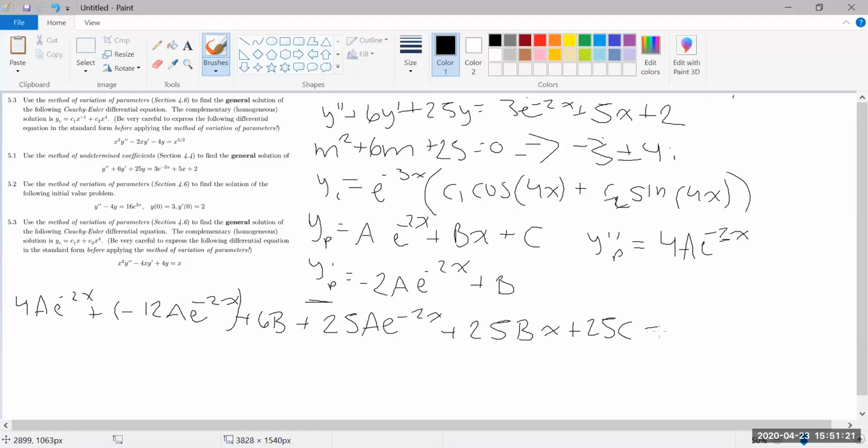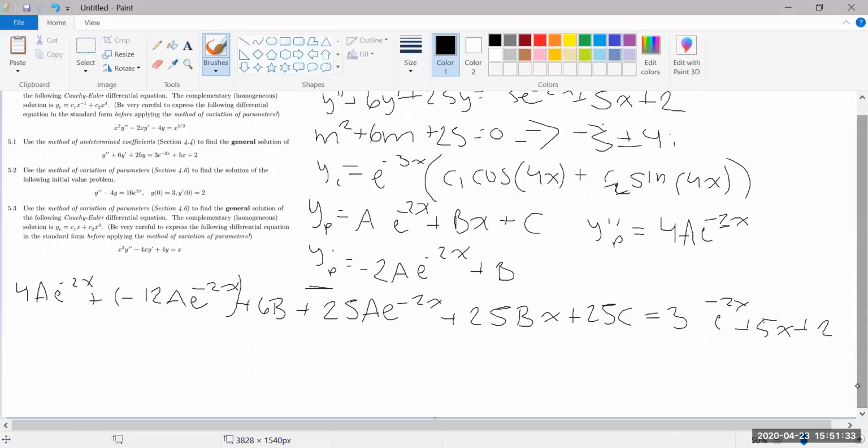Okay, and this is all equal to our original driving function, 3e to the negative 2x plus 5x plus 2. Okay, so now we're going to develop a system of equations that we can use to solve for all of these coefficients here. So I'm going to start with our e terms.